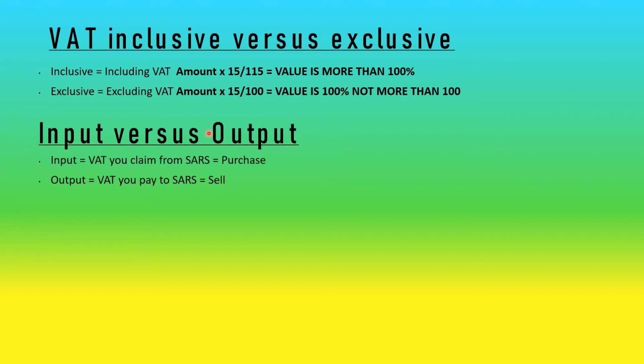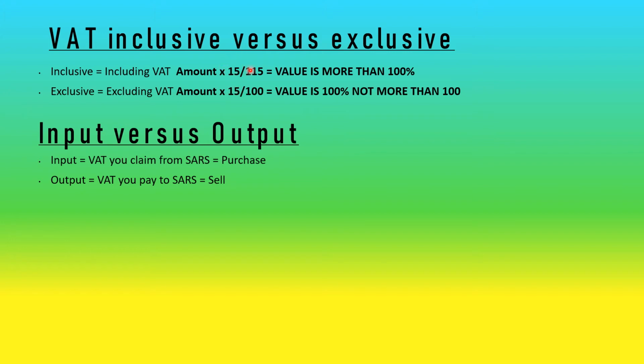So therefore, when you want to calculate your amount of VAT from an amount that is VAT inclusive, you would use your amount multiplied by 15, because that's what you're looking for, over what do you have? You have an amount including VAT. Therefore, you would use 115 because that's including VAT. So it's always what you want over what you have.